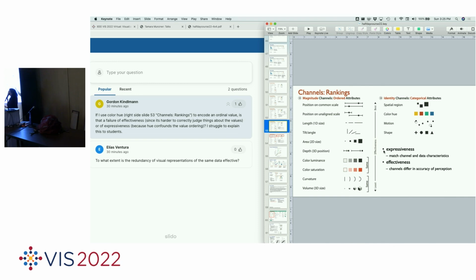I happen to put it there, but somebody else might have put it in another position. So it is true that there is not fundamentally an ordering. You can have one learned, you can have a legend that dictates one, but your perceptual system will not read that out. So I typically would say that the primary issue is the expressiveness part.